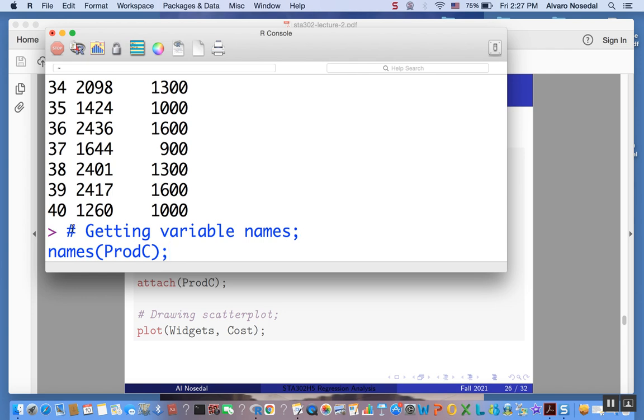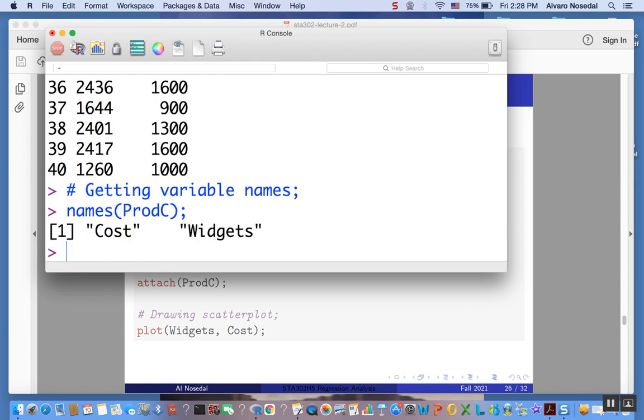Anyway, this hashtag is going to allow you to comment your R programs. So the new command that we have here is names. That's a built-in command, and that is going to show us the two names of the variables, right?